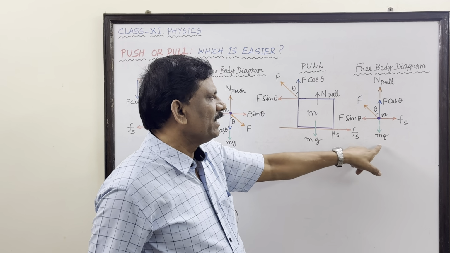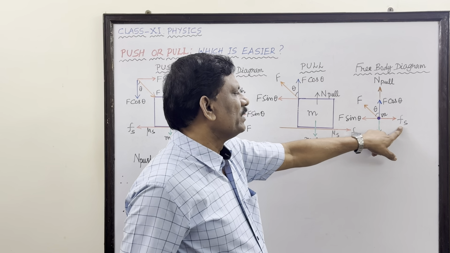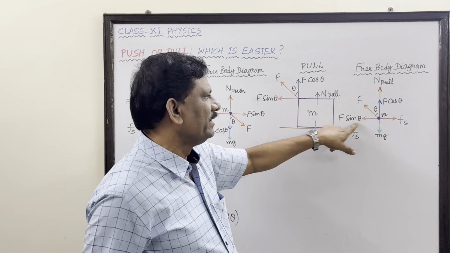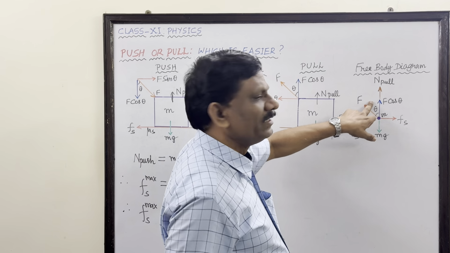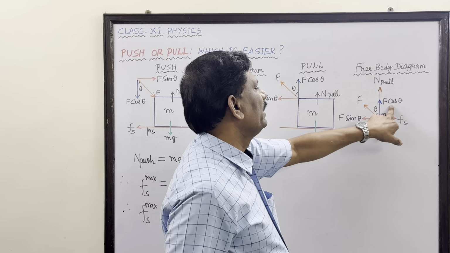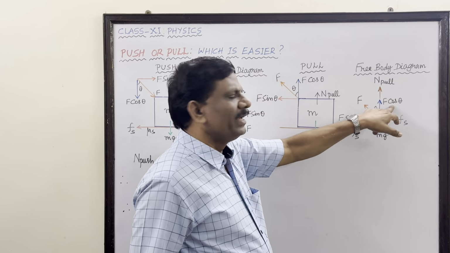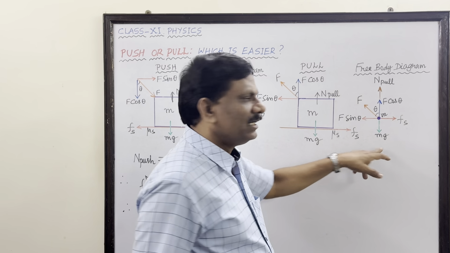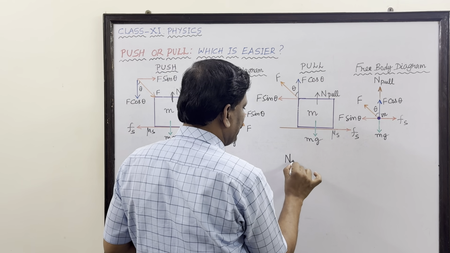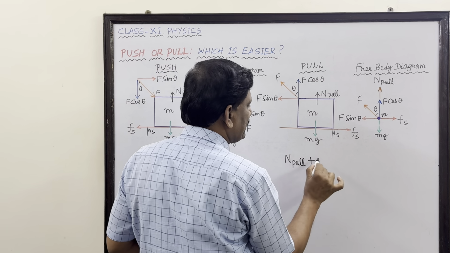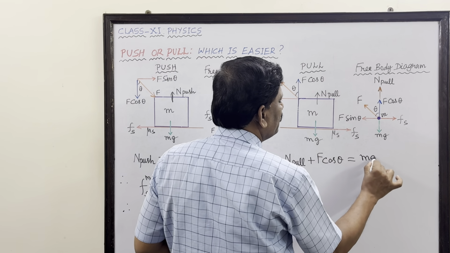First, the weight mg is acting vertically downwards. Then Fs is acting towards the right, which is cancelled by F sin theta acting on the left-hand side. Since F makes an angle theta with the vertical in the upward direction, the component F cos theta and the normal reaction N pull are added up to balance the weight. So N pull plus F cos theta must be equal to mg.